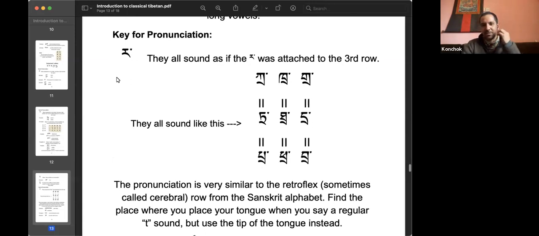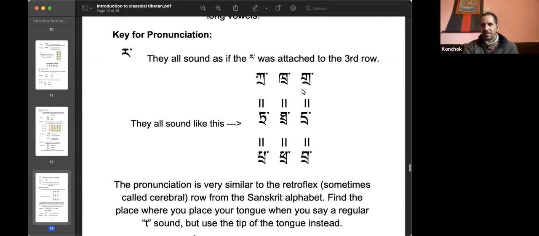So this is the trickiest one out of all the subscribed letters. That's why I left it to the last one. Basically, when we do Ratak, we chop off this section of the Ra and we stick it underneath. So this is a Ra underneath.